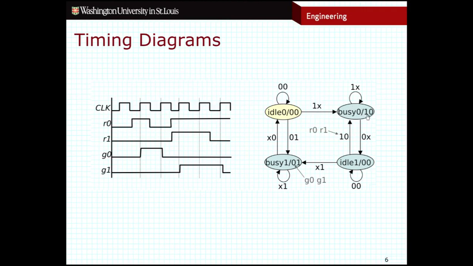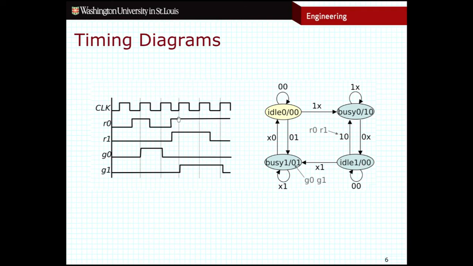And the output accordingly should be 1 for the grant 0 bit and 0 for the grant 1 bit. And from our timing diagram, we can see that that is in fact the case. On the next rising edge of the clock, I see that the request bit has gone low again for process 0, and the request bit for process 1 is also low. So I will transition from the busy 0 state over to the idle 1 state.